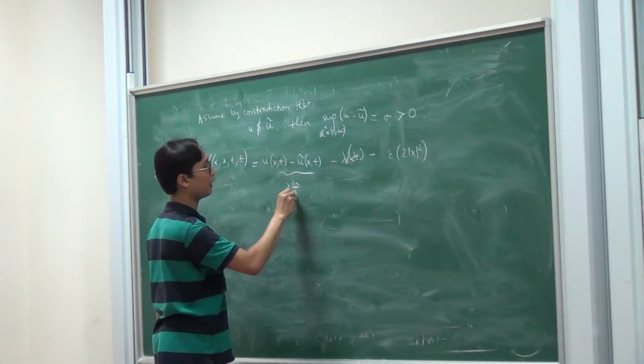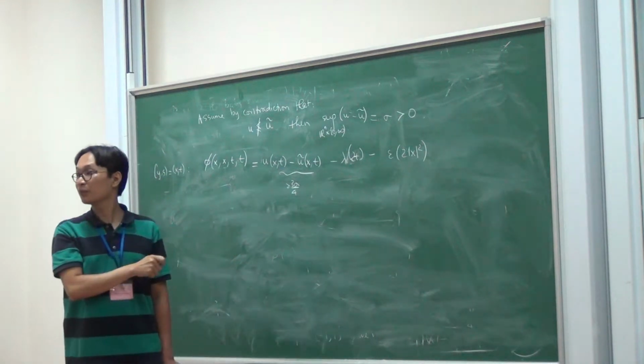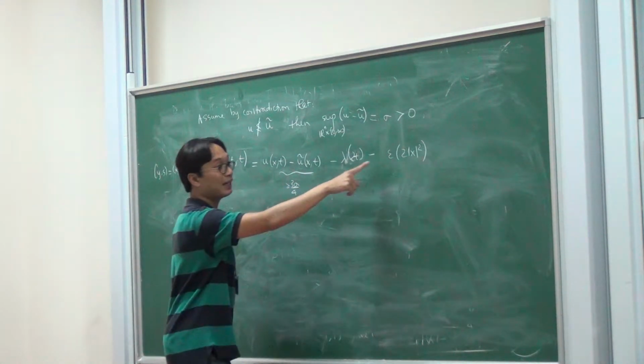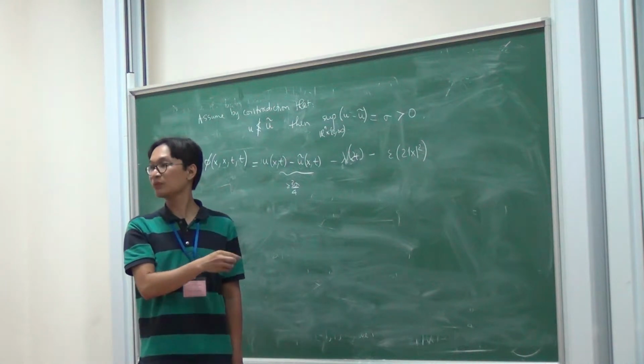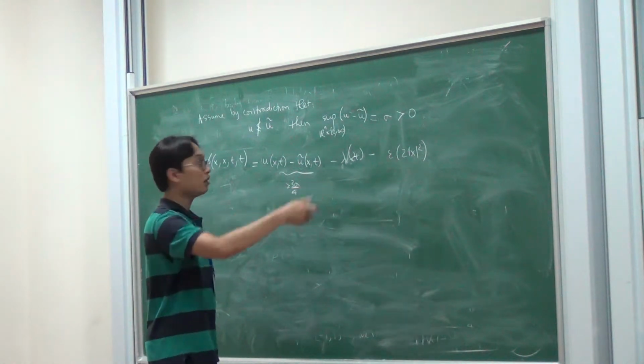3 sigma over 4 at some point, right? At some point. Now if I choose lambda and epsilon small enough, very small, this is going to be very small.